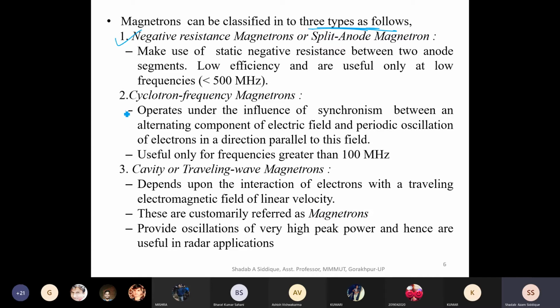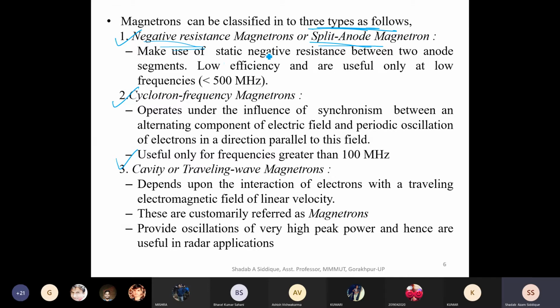Okay, so now magnetrons can be classified into three types. The first is called the negative resistance magnetron or split anode magnetron. Negative resistance means resistance which is negative.